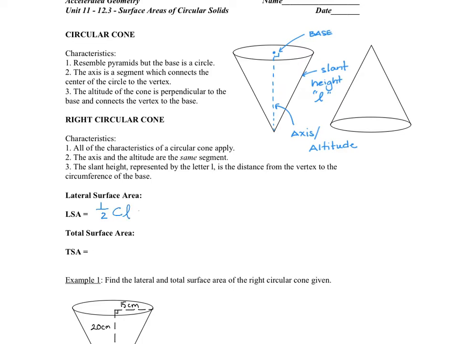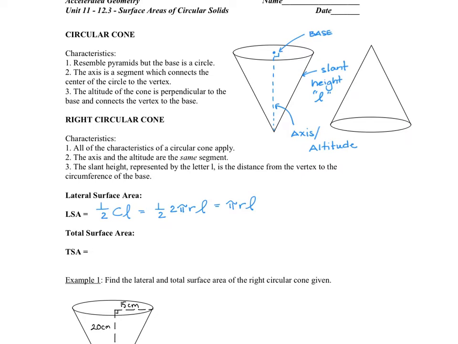So we need 1/2 times the circumference, which is 2 pi r, multiplied by the slant height. And you'll notice that the 1/2 and the 2 cancel, so the lateral surface area can be found by taking pi times the radius times the slant height.